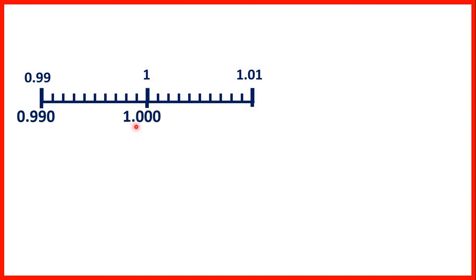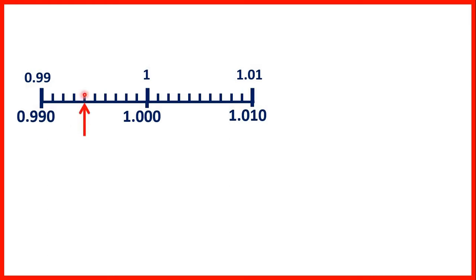That's 1.000 because we can always put a decimal point and then zeros on the end of a whole number, and that doesn't change the number. Finally, 1.01 can be written as 1.010. So when decimals are labelled on a number line, it's useful to write them all with the same number of decimal places, and that makes it easier to identify values on the number line.